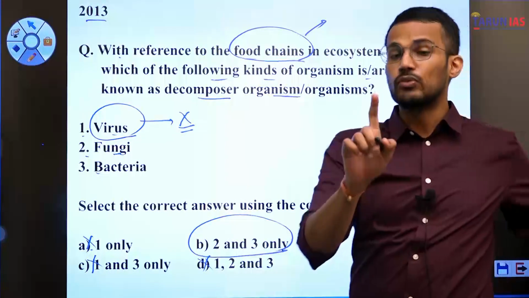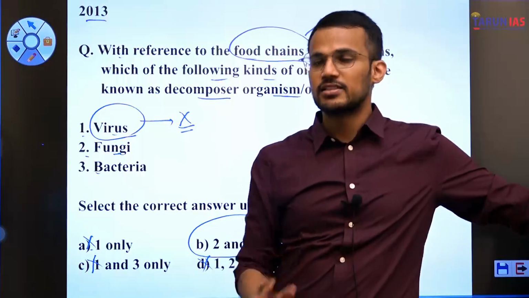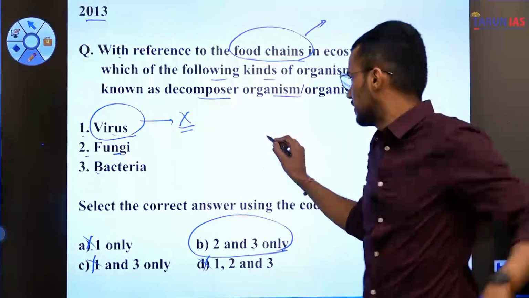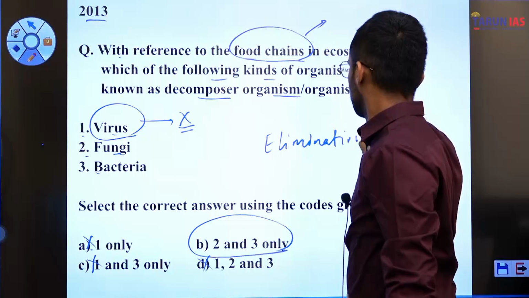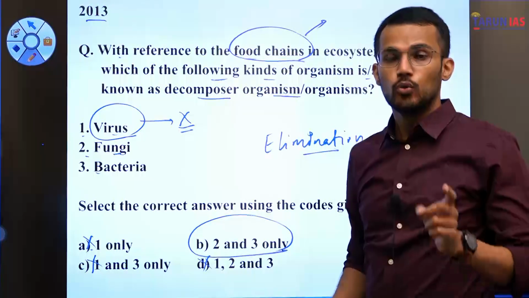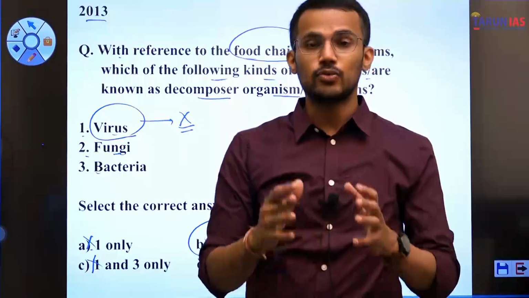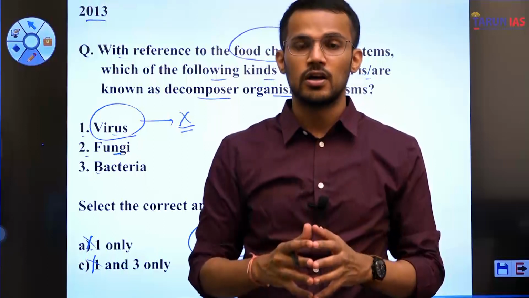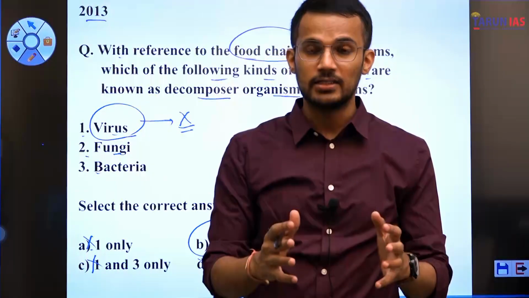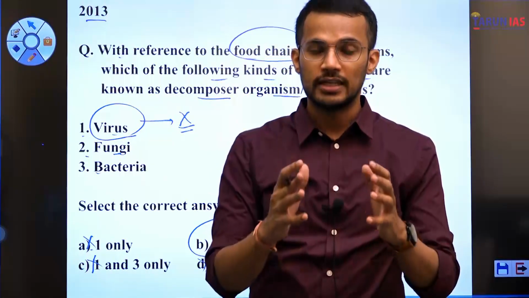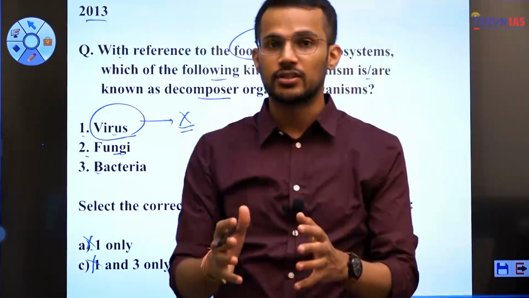So based upon only one particular choice, you have got the idea that it is answer B. Fine, and this is known as elimination method, which you should use in examinations, because elimination will help you answer those questions for which you are not very sure about. And it is the method that you should use in exams, because it will be the game of elimination after a particular level.